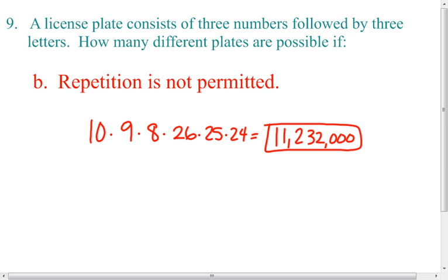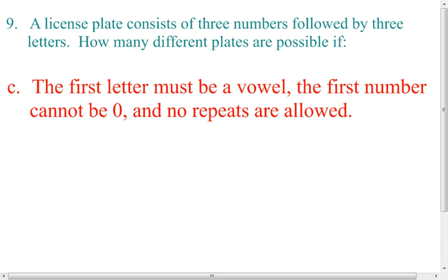Okay, and on to the last one. The first letter must be a vowel, the first number cannot be a 0, and no repeats. So this first number can be any number but 0, so I have 9 choices. For the second number, I can add 0 back, but it can't be whatever number I used first. So it can be 0, 1, 2, 3, 4, whatever, any number except the one I already used.